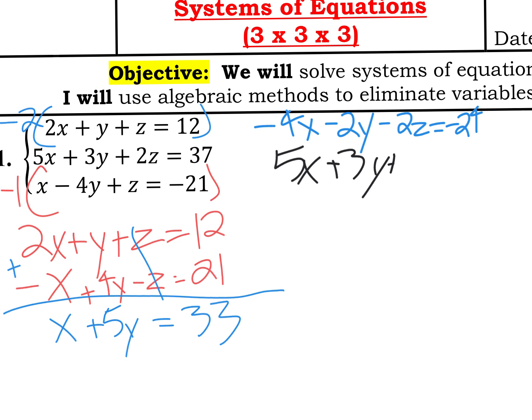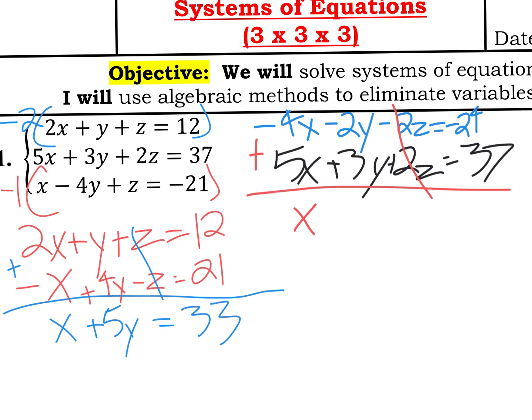Sorry. And then I'm going to add these two together. So my z's will eliminate. I have negative 4x plus 5, that's 1x. Negative 2y plus 3y, that's 1y. And negative 24 plus 37 is going to be 13.